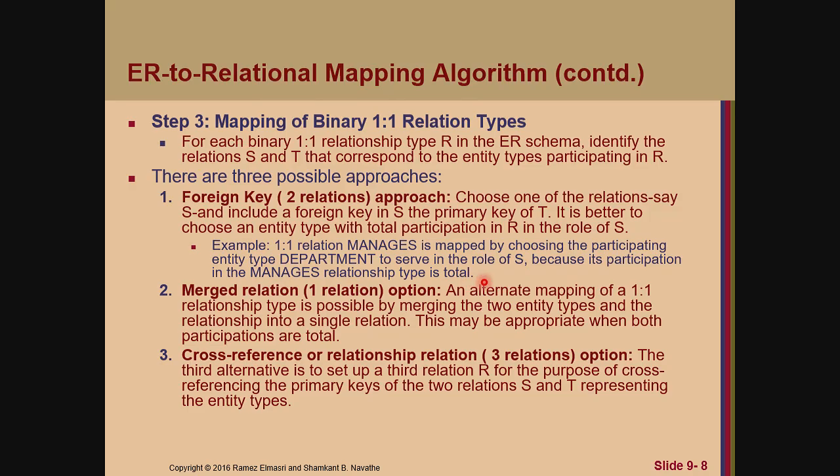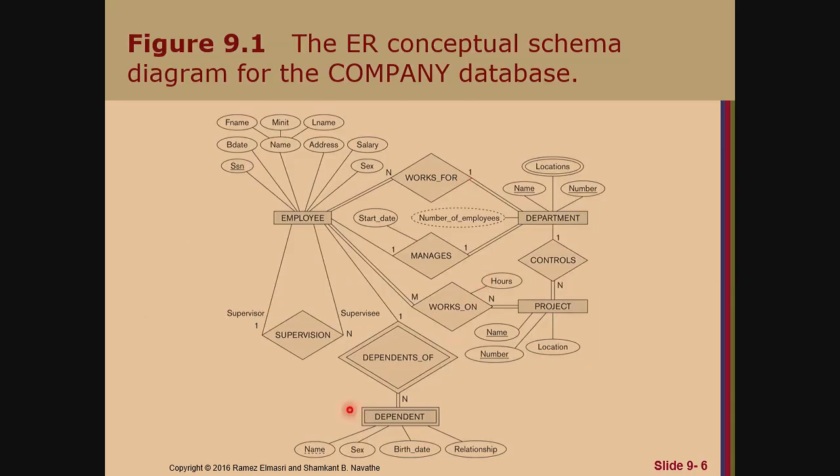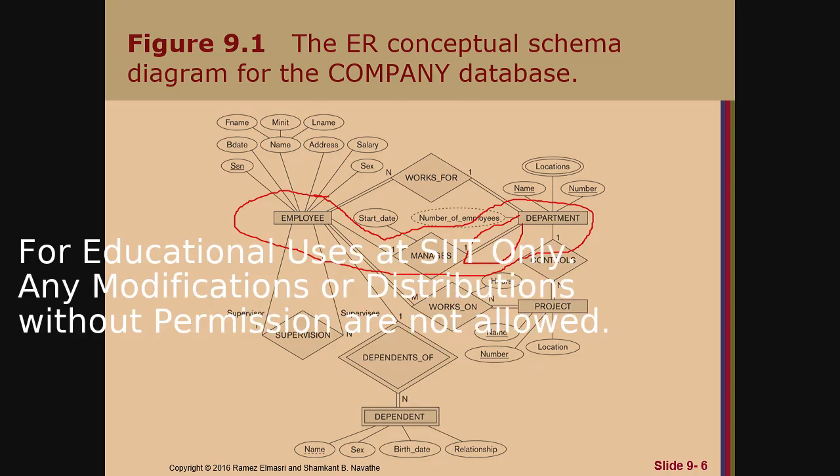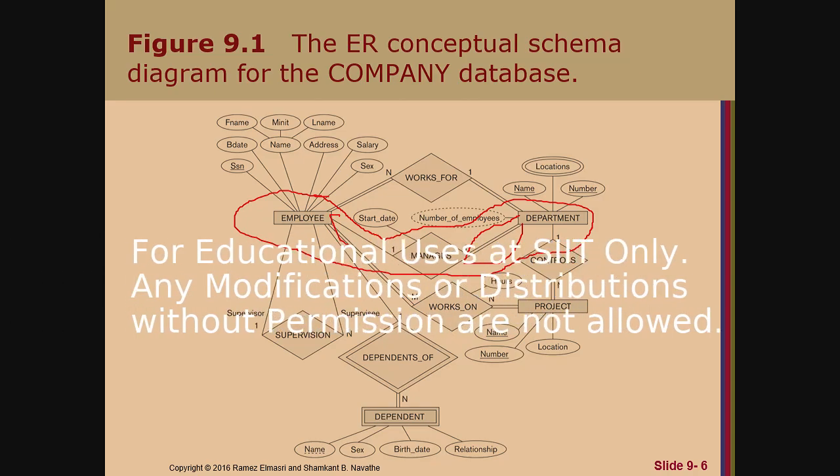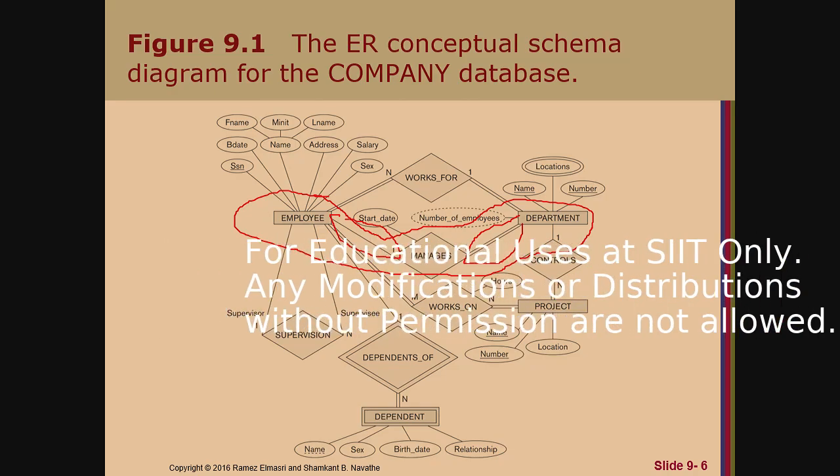Let's see the ER diagram. Now we're talking about employee and department, right? And here on the right hand side, department and manages have total participation. That means every department will have a manager. But on the left hand side, it's not total, this is partial.